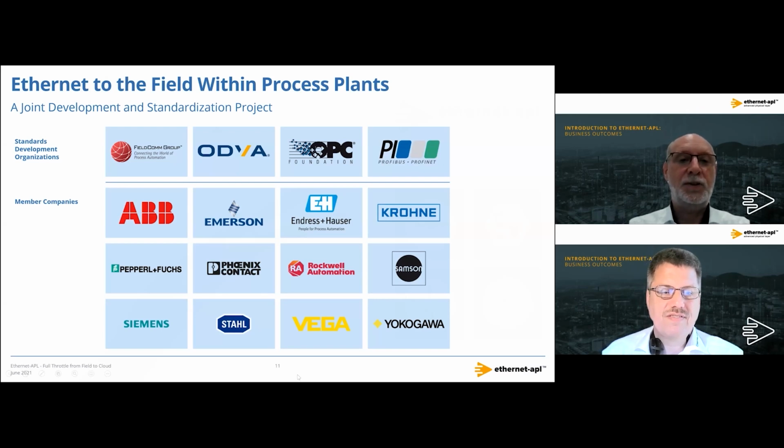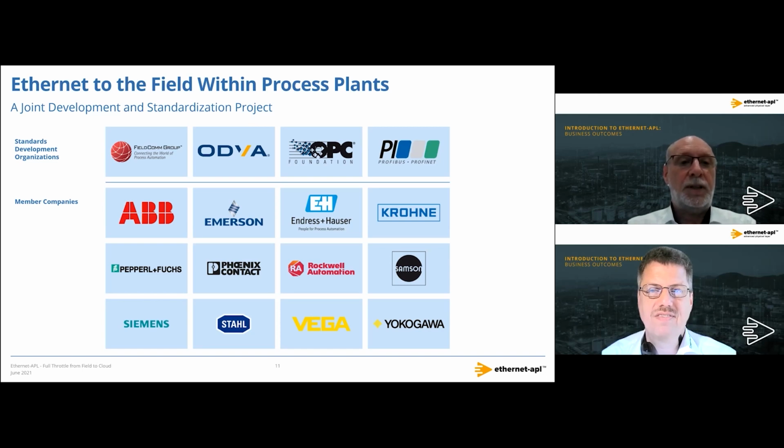Such a new technology cannot be developed and introduced without appropriate support. 12 industry partners and the 4 leading standardization development organizations support this development and activities. And we are happy that even the OPC Foundation decided to join that project. It shows the importance of this new technology for every standardization organization, because there is a huge potential, as Andreas already mentioned.